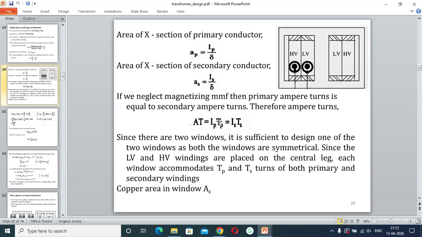Means there will be no difference, both will contain an equal number of turns. So we have to calculate the copper area, what will be the copper area that we are going to use.